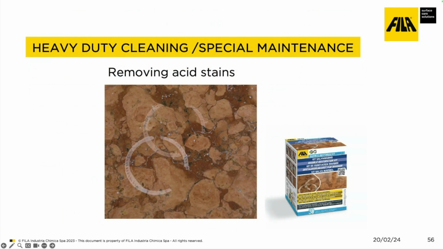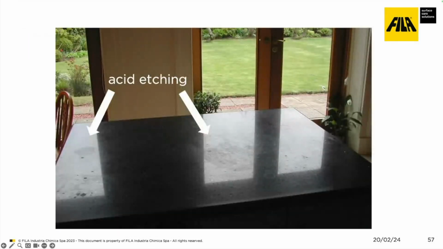The etchings: we didn't mention, when we talked about polished marbles, especially polished marbles, that when we say put a sealer on and you're fine against everything, this is not true, obviously. You're fine against the most common stains, but when you talk about acidic stains, you have to be very careful, because things like vinegar or different types of acidic substances can actually etch the marble.